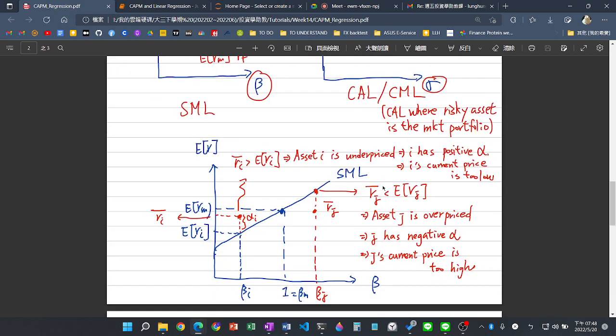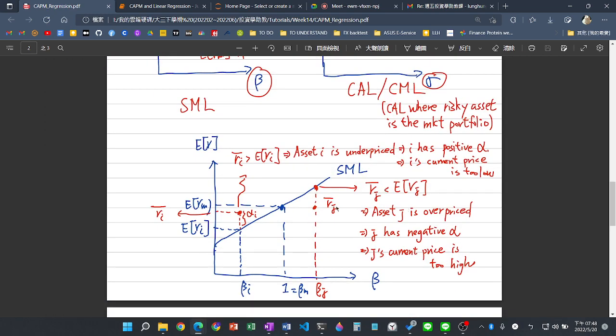Okay, so next we have this security market line. We can make some visualization observations here. For example, if we have a beta of 1, then we should expect this portfolio's expected return to be the market return, right?